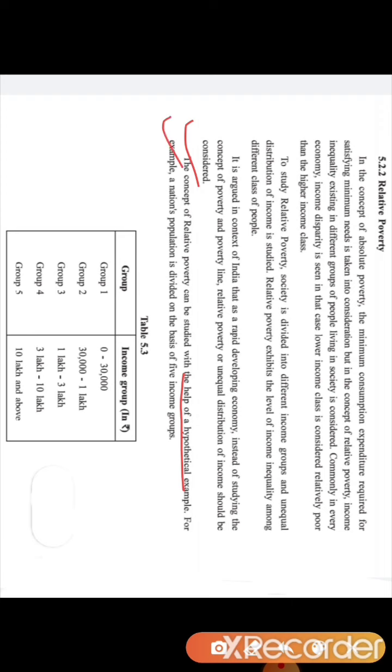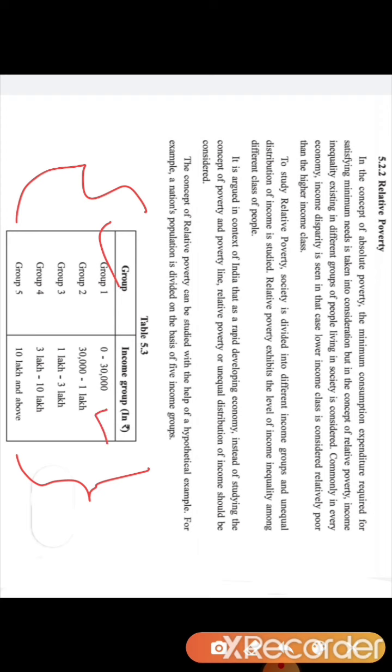For example, a nation's population is divided on the basis of 5 income groups. So here the example is given which we have already discussed. Group 1 has an income of around 0 to 30,000 rupees. So this group is poor compared to groups 2, 3, 4, 5.